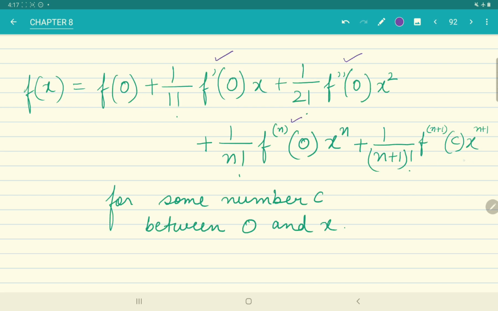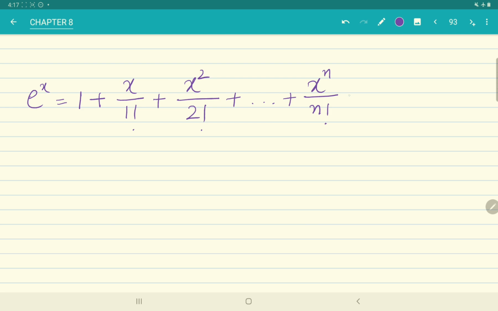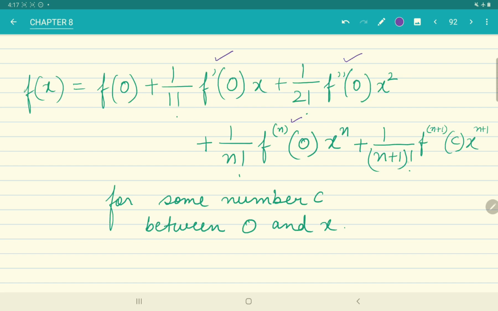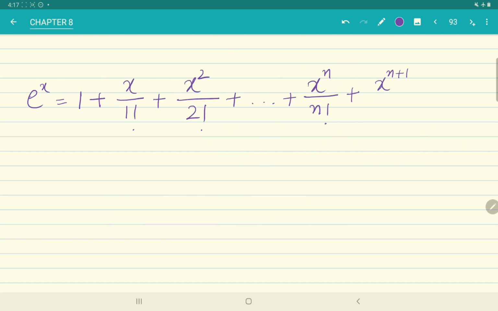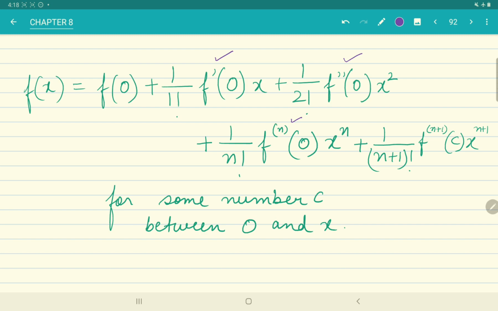And then I can write x raised to the power n plus 1 divided by n plus 1 factorial, and here I have the n plus 1th derivative evaluated at c.